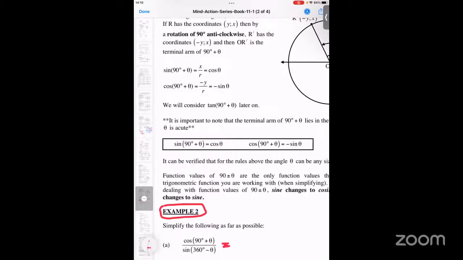Explain to me, how would you approach this one? Yes, sir. Or if you want to quickly write it, it's fine. You can quickly write and let me know when it's done.